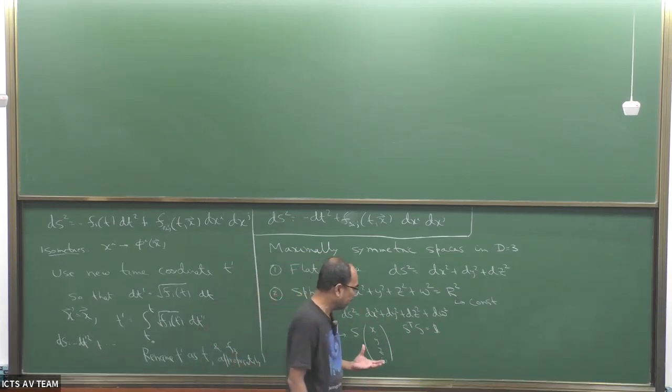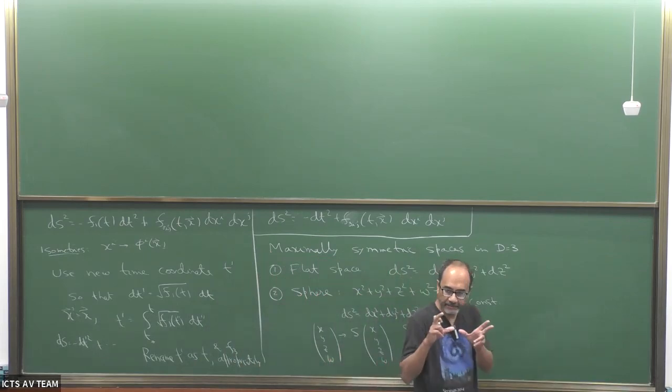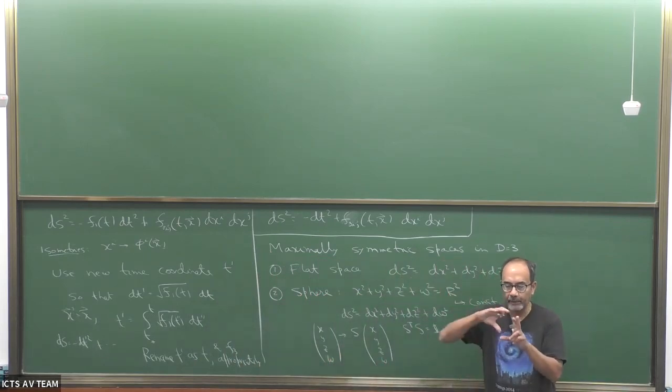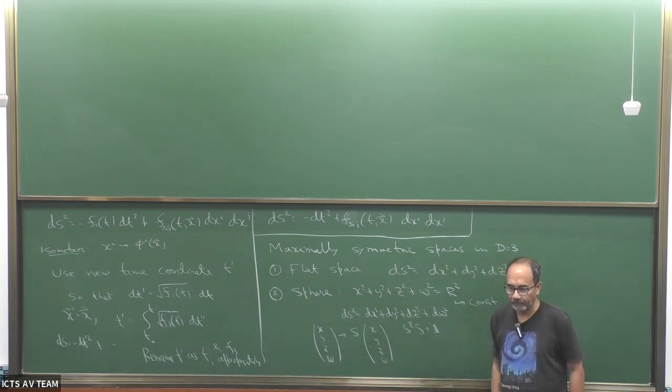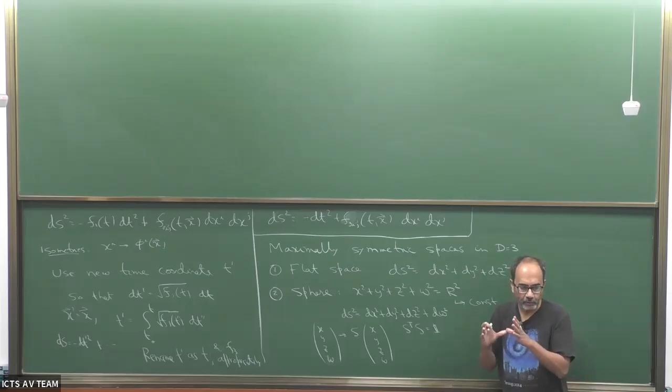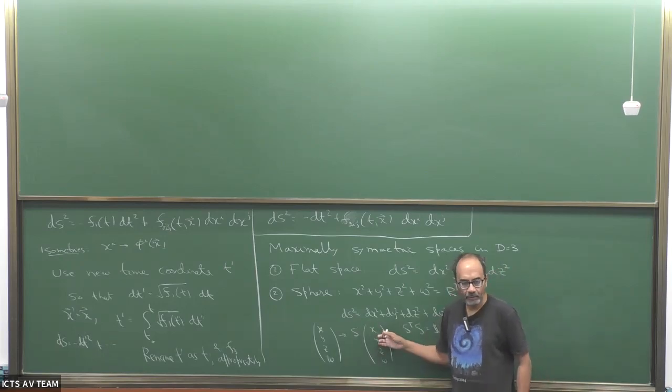Then it's a general result that 2 vectors of equal length can always be rotated to each other. In 3 dimensions, it's familiar: if you have 2 vectors of equal length, you can always find a rotation that takes you from one to the other. There is a generalization of this in 4 dimensions.